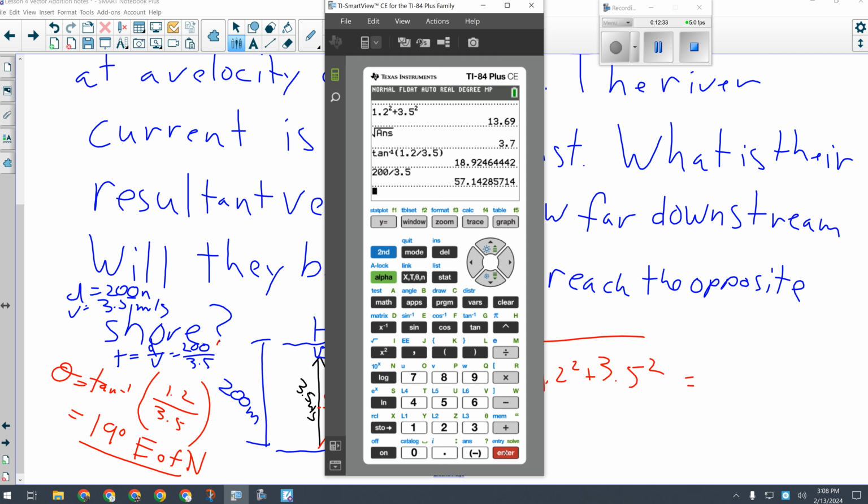Now, the whole time I'm going across, I'm also going downstream at 1.2 meters per second. t, 57, times v, 1.2. I'll end up 69 meters downstream.